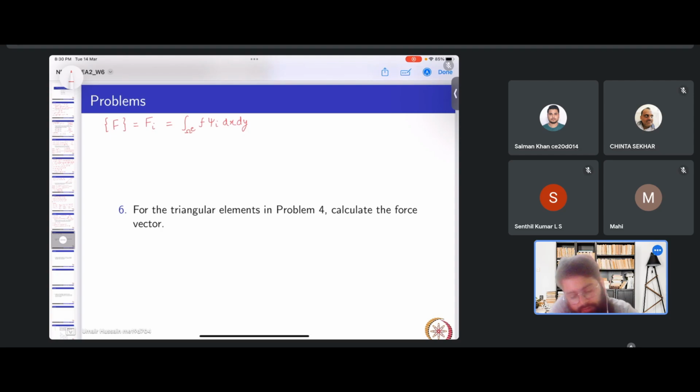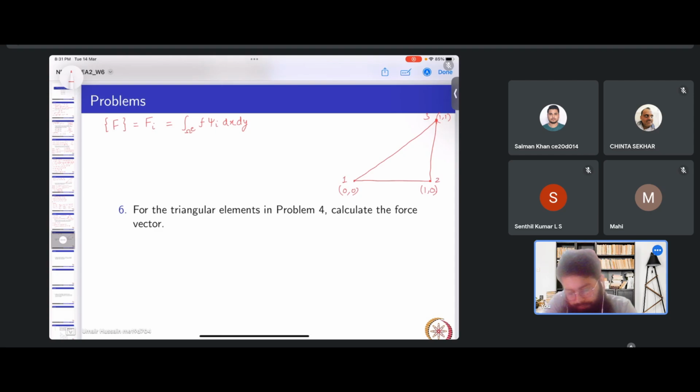So we have this triangular element here: node 1, node 2, node 3.